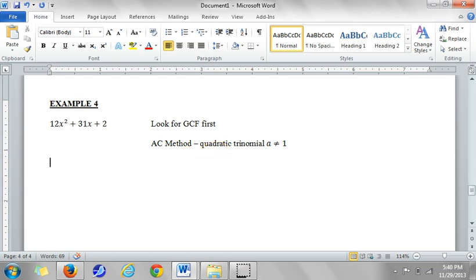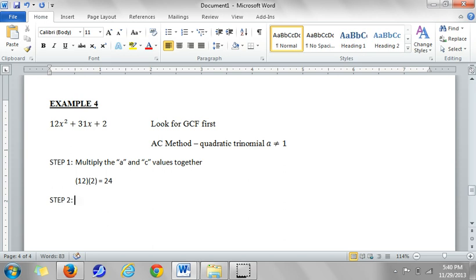So first step, step 1, multiply the a and c values together. For this example, that means that we would multiply 12 and 2 to get a result of 24.